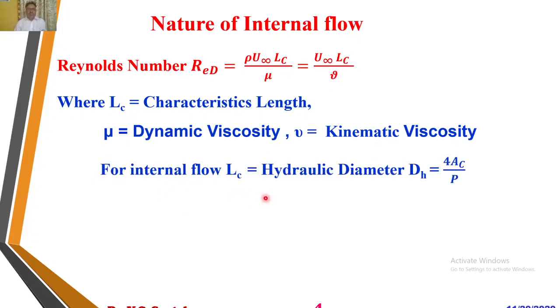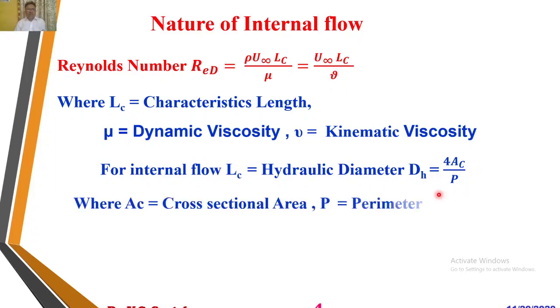Generally, for internal flow, the characteristic length is taken as the hydraulic diameter dh, and it is calculated by the formula 4Ac by P. In this formula, Ac is the cross-sectional area of the passage through which the fluid is flowing, and P is its perimeter.